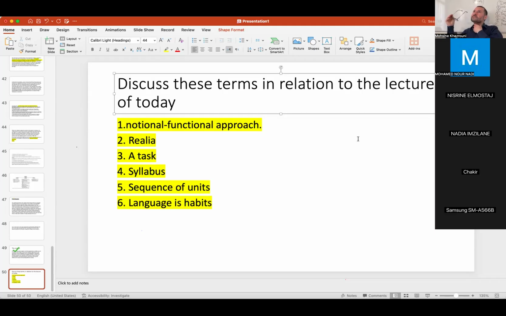Yes, good. It can work with vocabulary teaching. You bring things to the classroom for teaching purposes. Realia. Okay, good. That is done. Next.